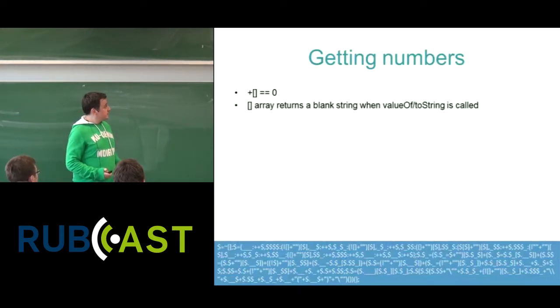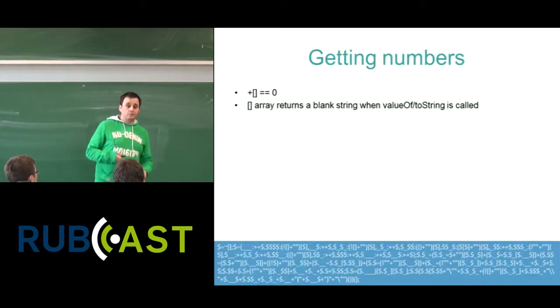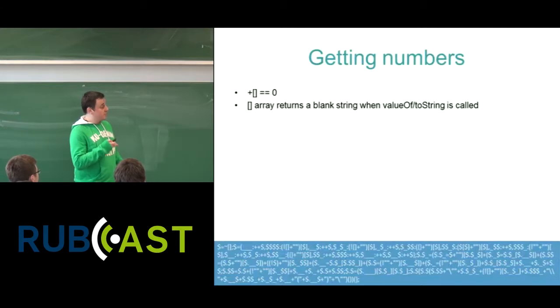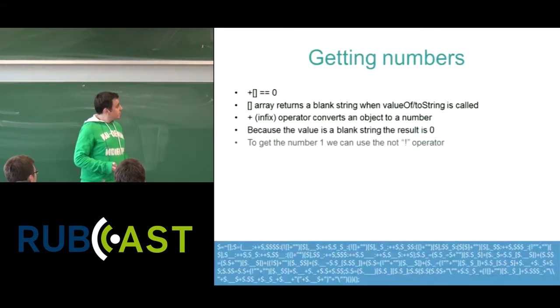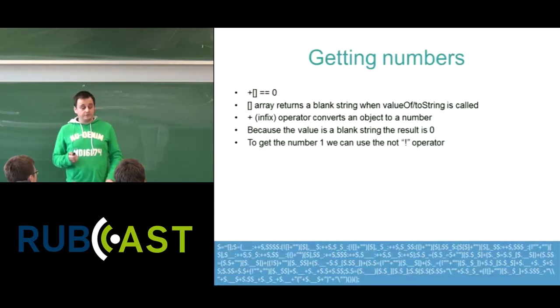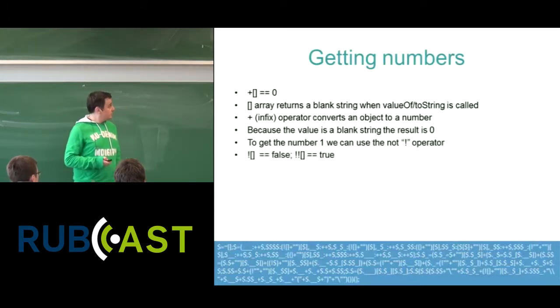So it returns a blank string when valueOf or toString is called, and because it's a blank string, when the plus operator is used before that, they become 0. To get the number 1, you can use a not operator, which just reverses the value, obviously. So you've got false and true.